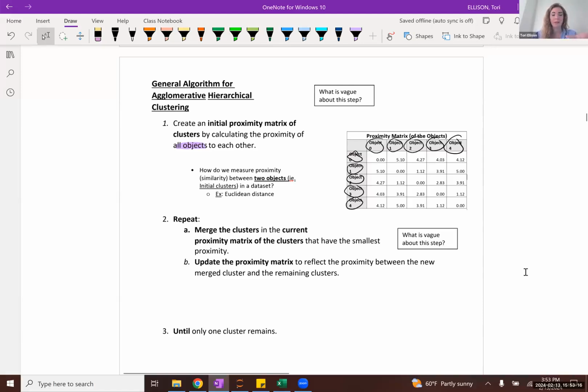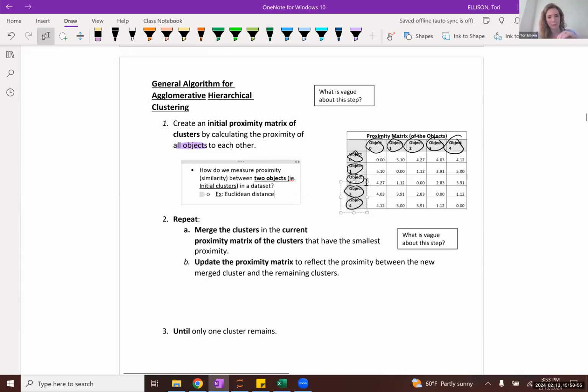Whatever proximity measure you use to measure the distance between two objects, the next iterative steps in a hierarchical agglomerative clustering algorithm are the following. Next, we merge the two clusters in the current proximity matrix that are closest to each other, so the two observations or clusters that have the smallest current proximity. Then we update the proximity matrix to reflect the proximity not between two observations, but between two clusters.